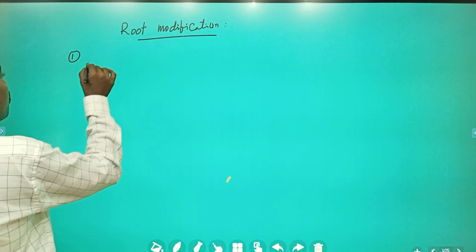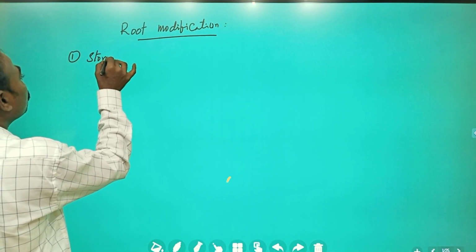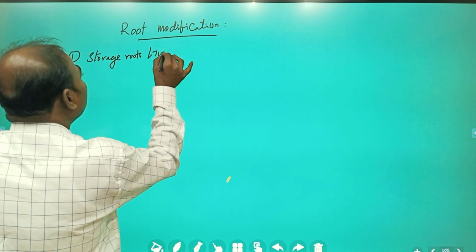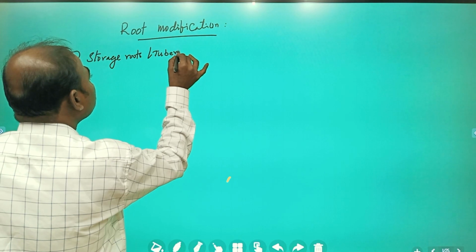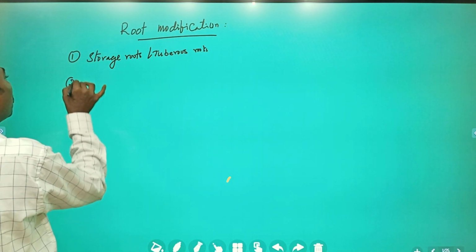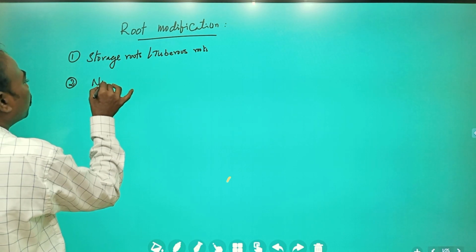One, storage roots or tuberous roots. Number two, nodular roots.